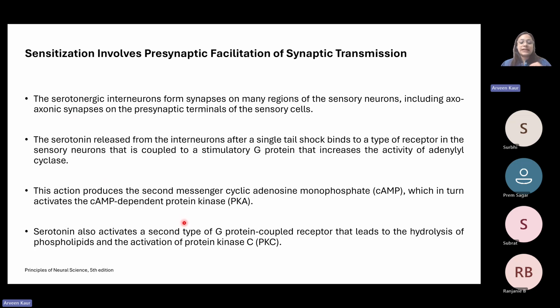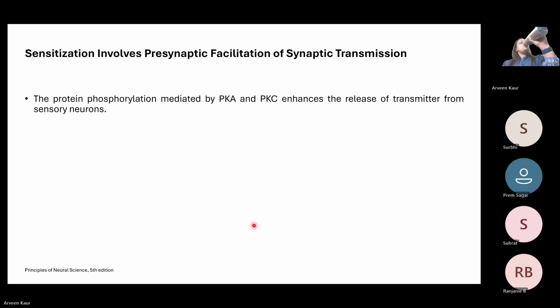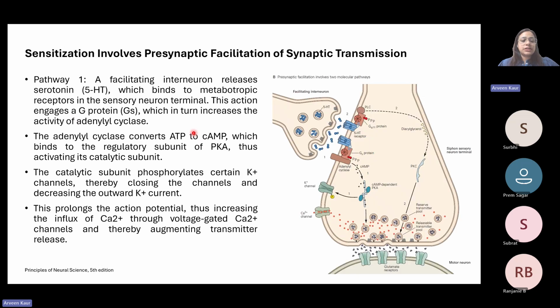Serotonin also activates a second type of GPCR that leads to hydrolysis of phospholipids and activation of protein kinase C. So PKA and PKC both are activated, right? Protein phosphorylation is mediated by both these protein kinases, and it enhances release of neurotransmitter from the sensory neurons. So it could occur via any of these pathways, right?